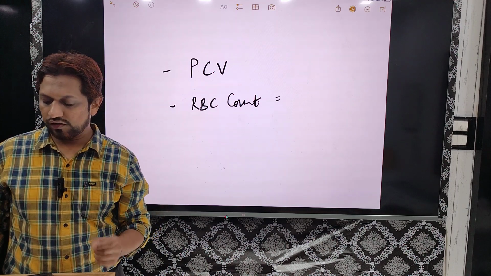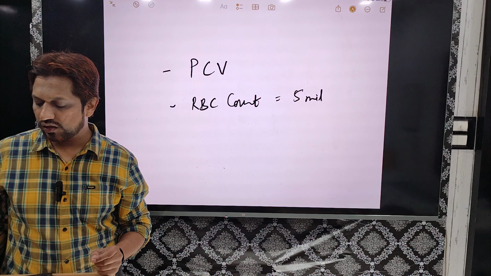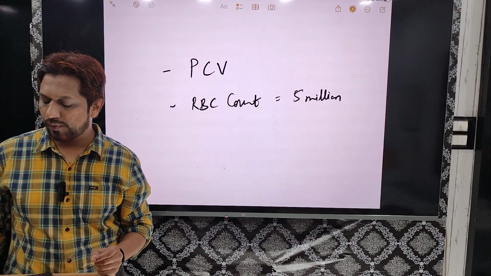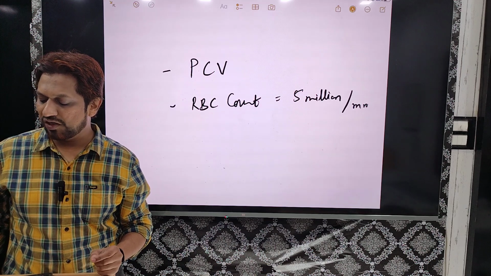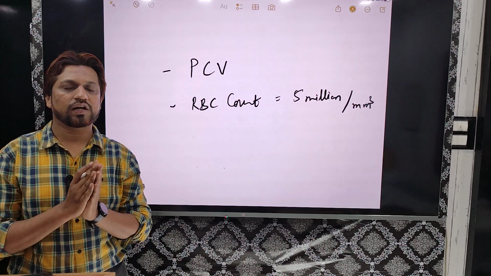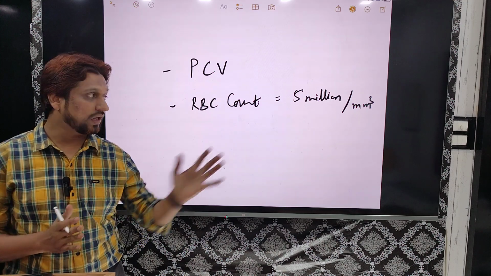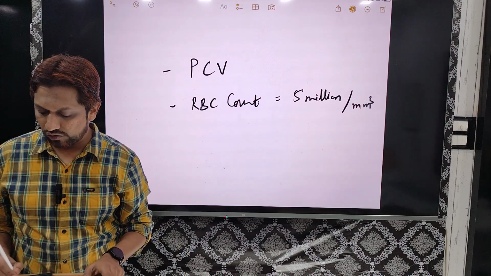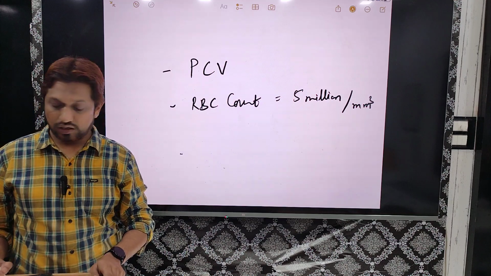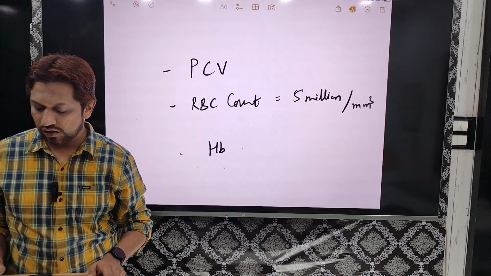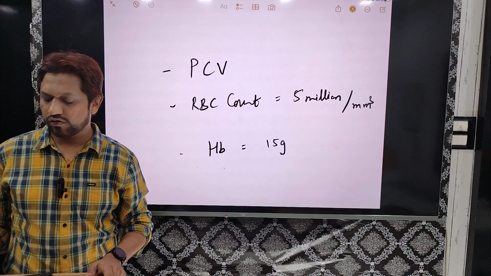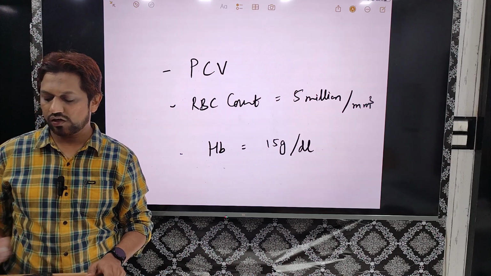It is around 5 million RBCs per cubic millimeter of the blood, that is the normal red blood cell count on an average I'm telling. It's not the absolute value, however there is a range. Then the normal hemoglobin level, again an average value, roughly 15 gram per deciliter of the blood.